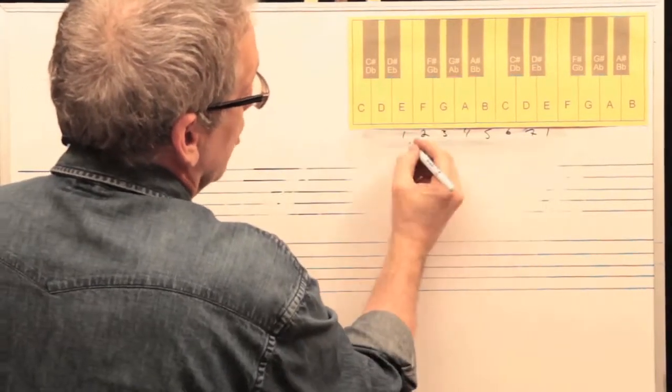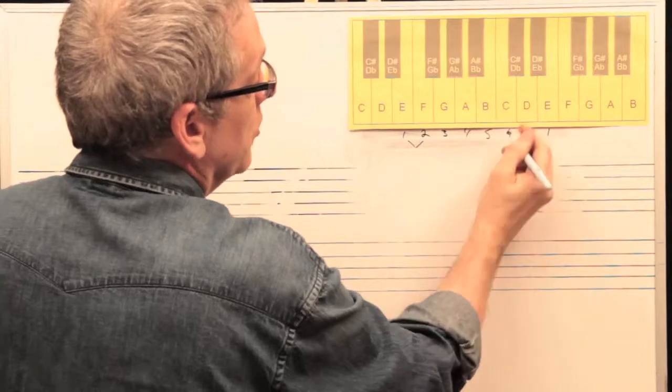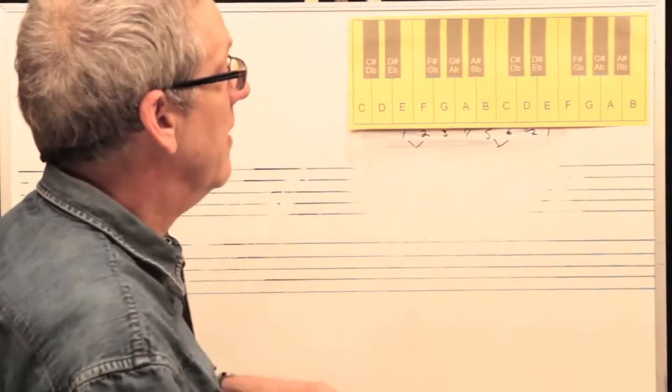Here's where the half steps fall: between 1 and 2, and between 5 and 6. So that's Phrygian. That's Phrygian, okay? Between 1 and 2.